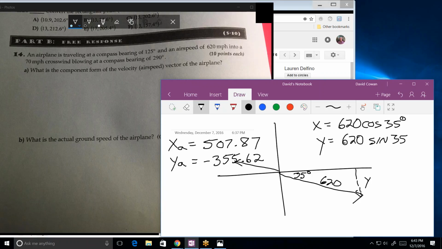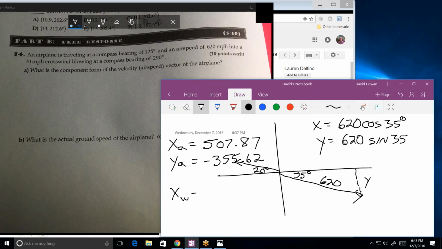I have to go another 20 degrees, so that angle is 20 degrees. And yeah, it looks like that airplane is flying almost dead into the wind. Pretty much.